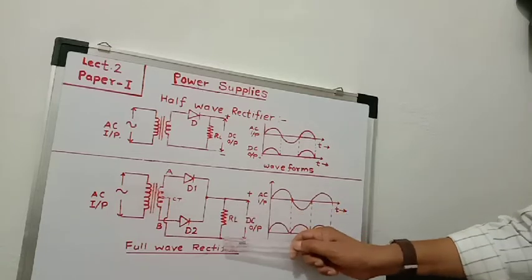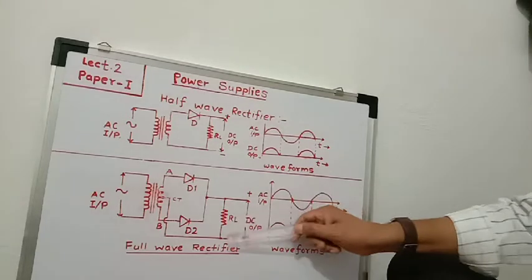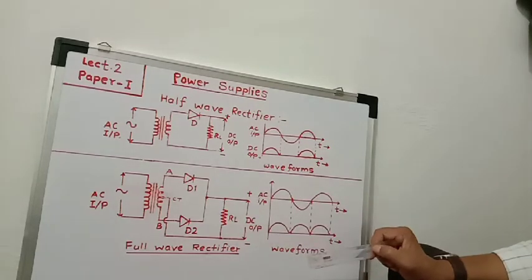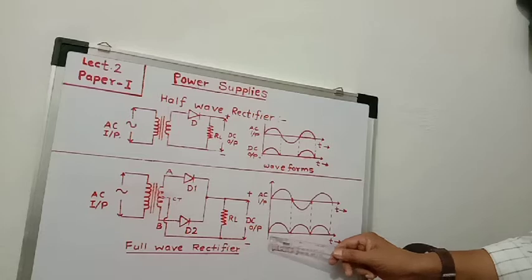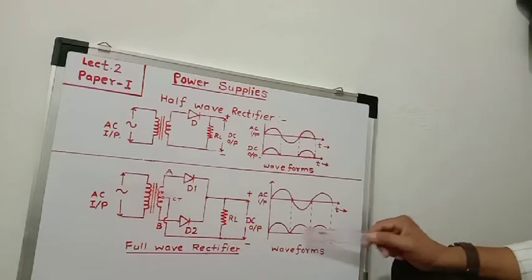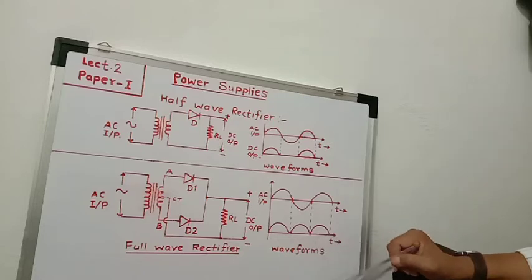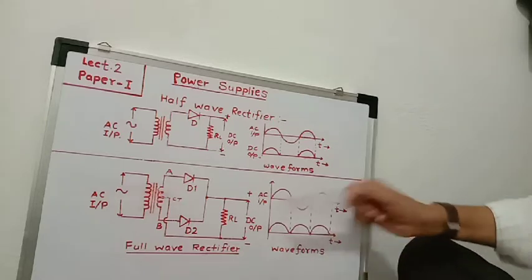Hence DC voltage is developed across RL. This DC voltage is called pulsating DC voltage.